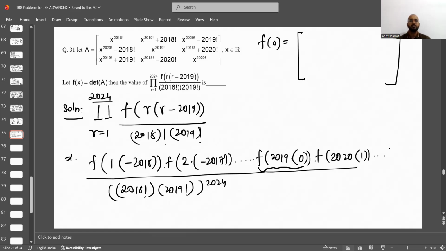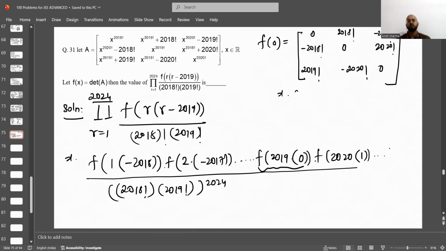So this will give me 0 here. This will give me 2018 factorial. And this is going to give me minus 2019 factorial. And this guy will be again minus 2018 factorial. This is 0. This is 2020 factorial. And then we have here 2019 factorial. And this is minus 2020 factorial. And then again, this is 0.